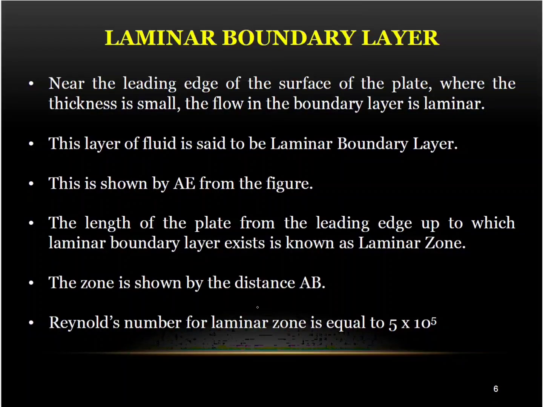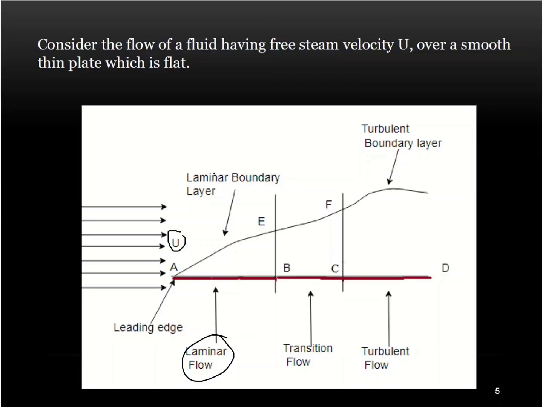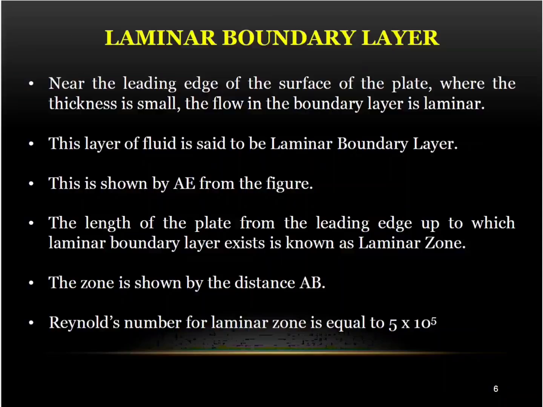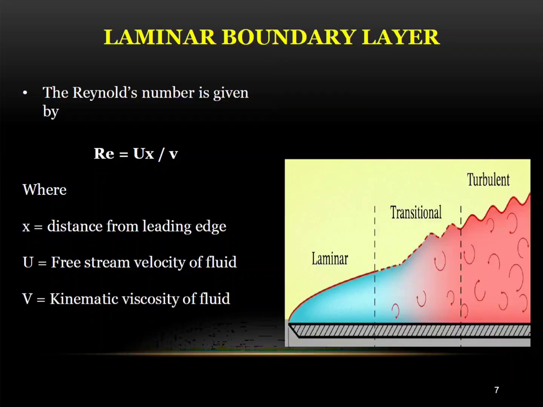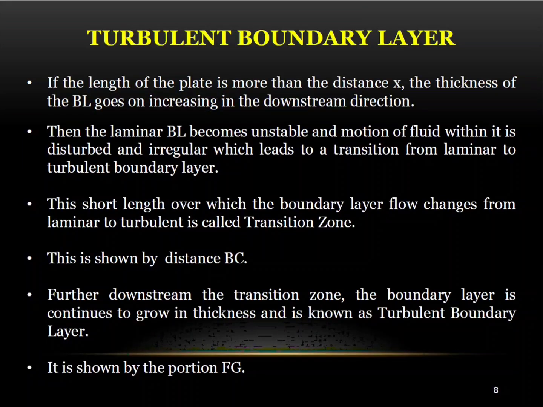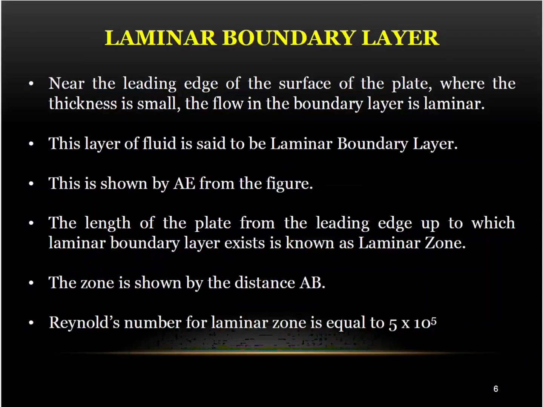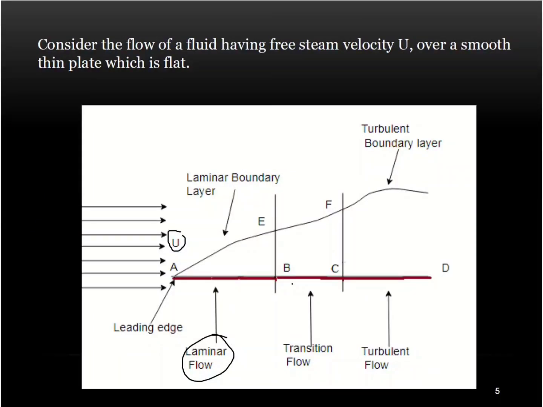The laminar boundary layer LBL is shown by the curve AE, and the region is from A to B. But as we move forward, the thickness of the boundary layer keeps increasing, because when we are moving forward from this point B, there is still fluid coming continuously from this side.